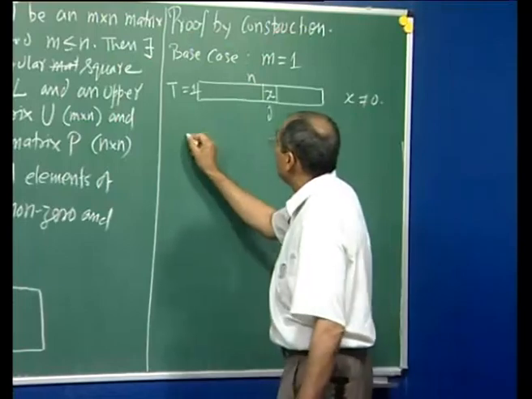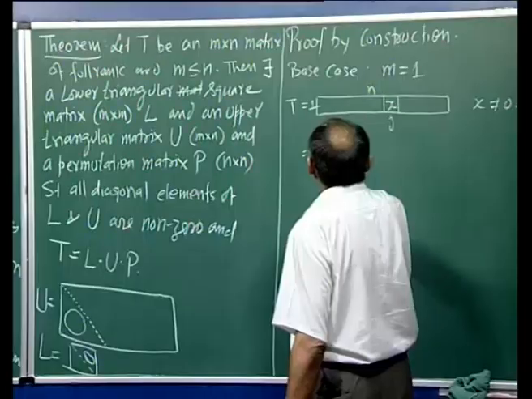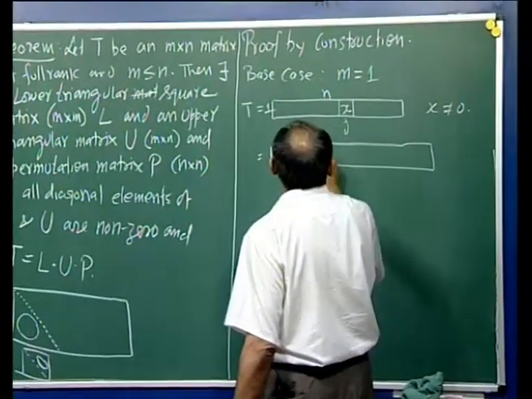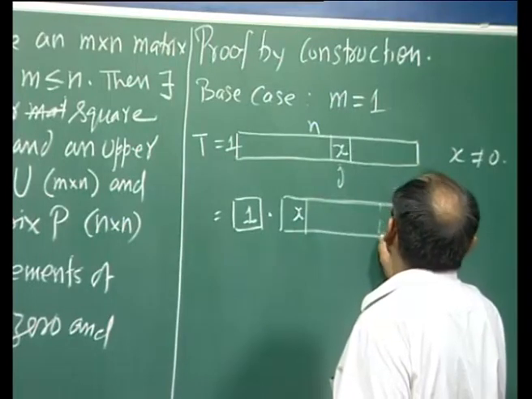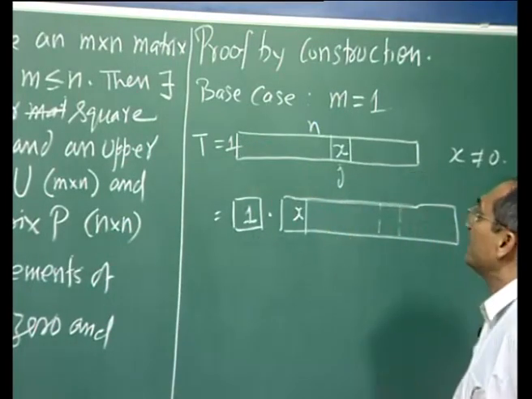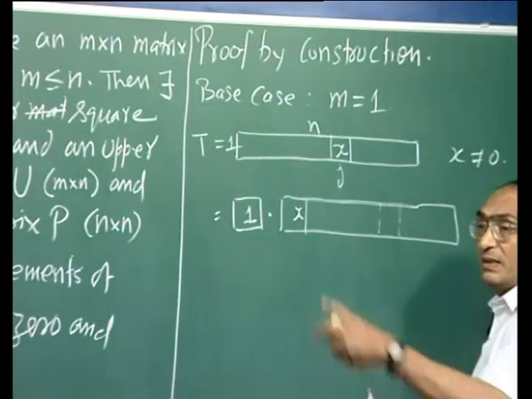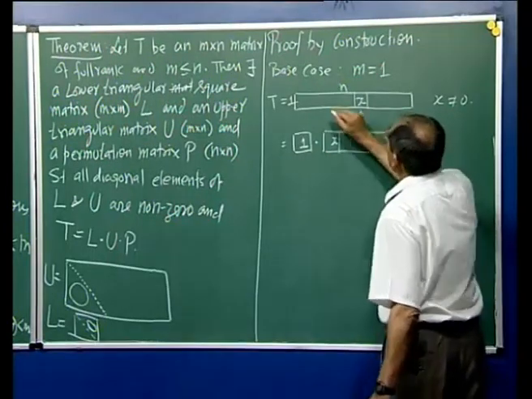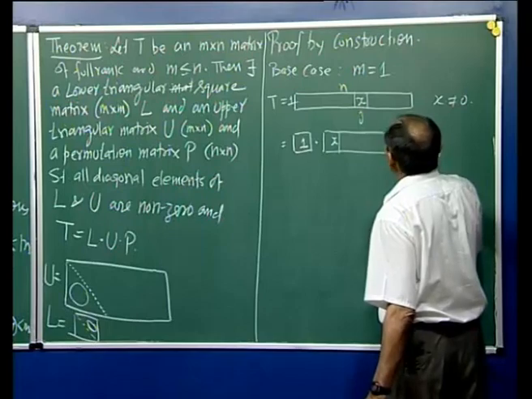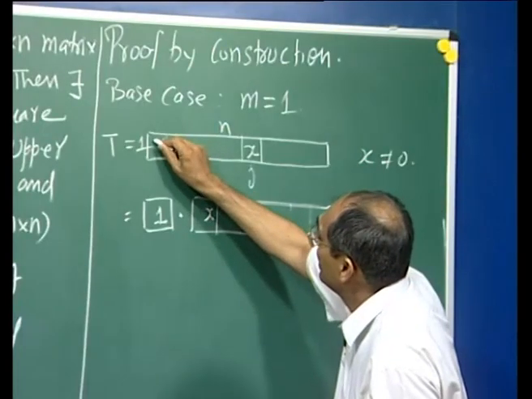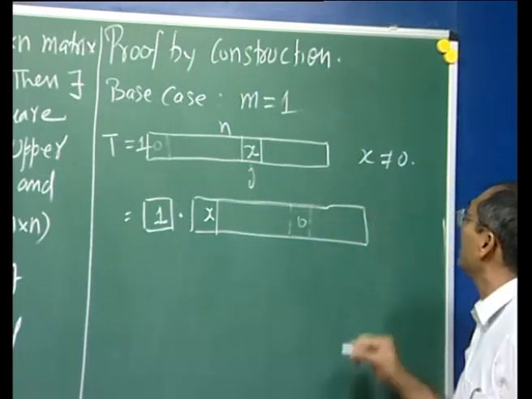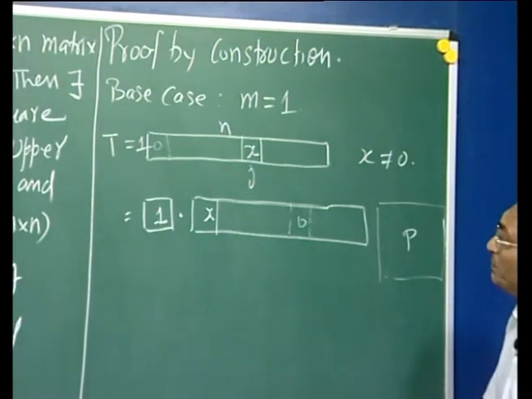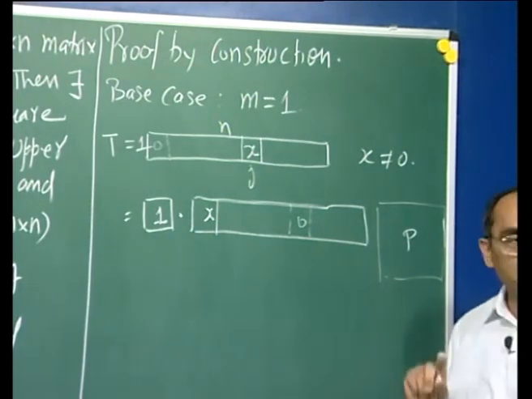So, one can rewrite this in the fashion 1 times x here, in case j is 1, in that case we do not have to worry too much, but say this is 0, then we will have the value whatever this value is, say 0 will be 0 here, and a permutation matrix P which swaps the first position with the jth position.